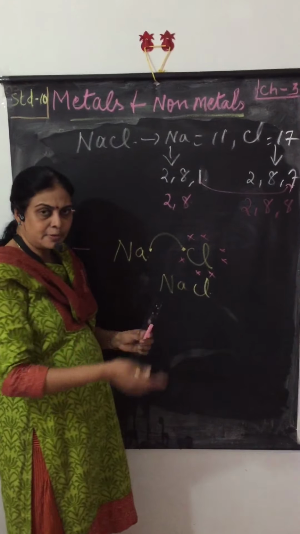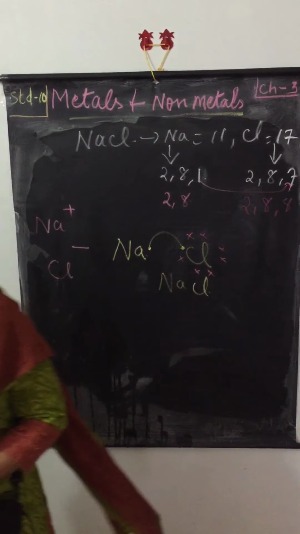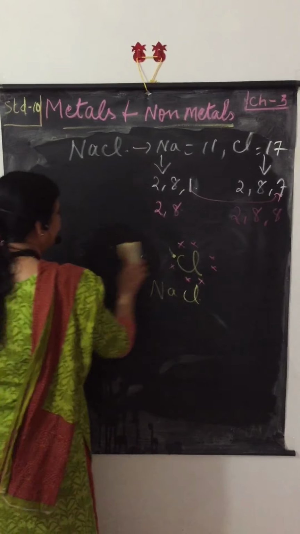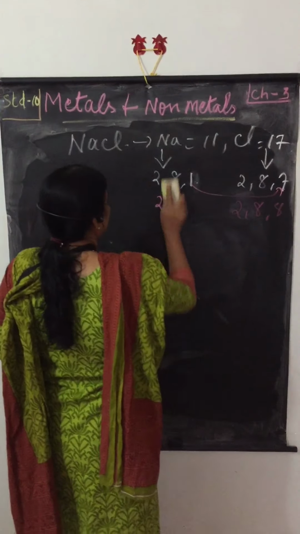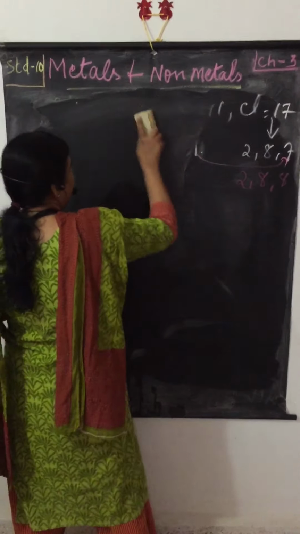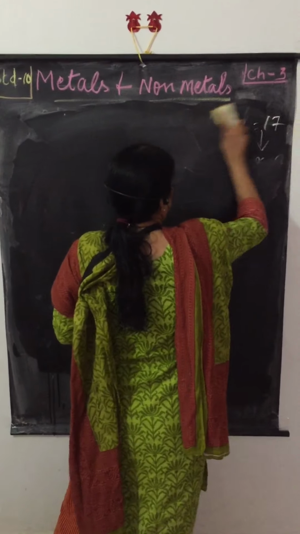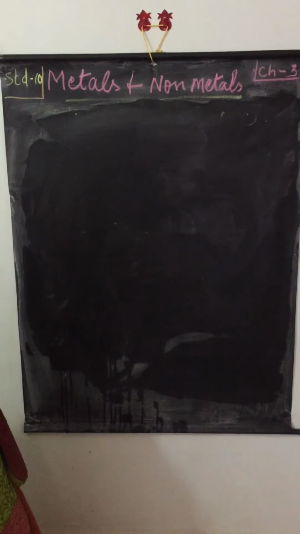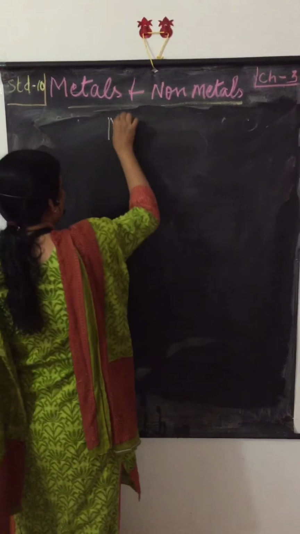Now let us discuss another example, magnesium chloride. Magnesium chloride is MgCl2.